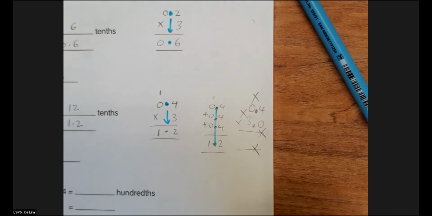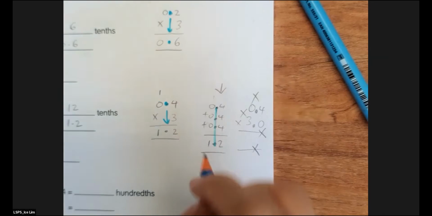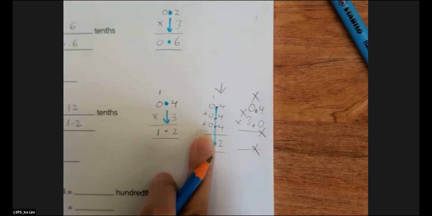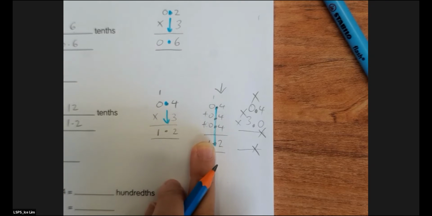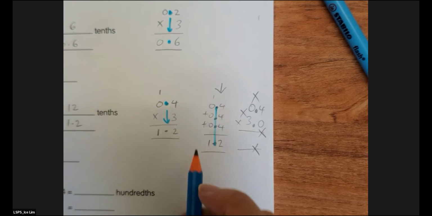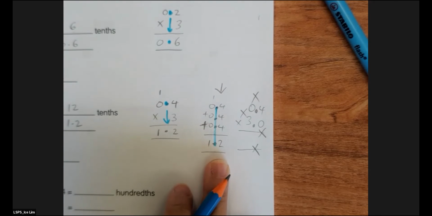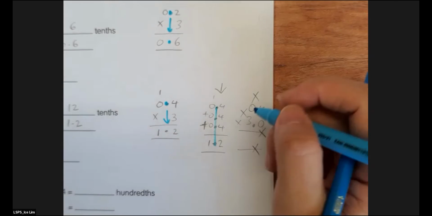Okay, think of what you understand by multiplication. Align and stack the decimal points together only when you are doing addition or subtraction. Okay, so this is not correct.